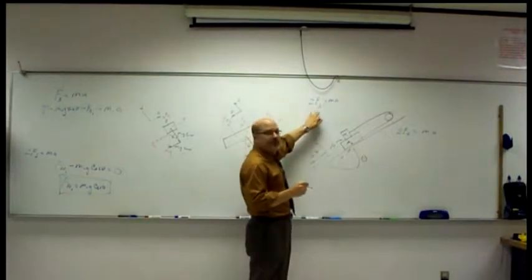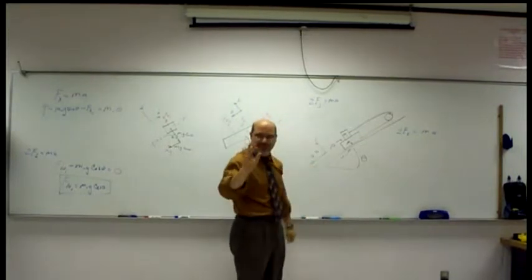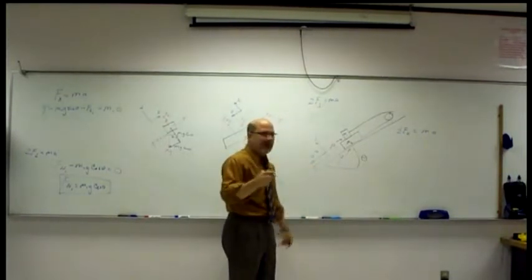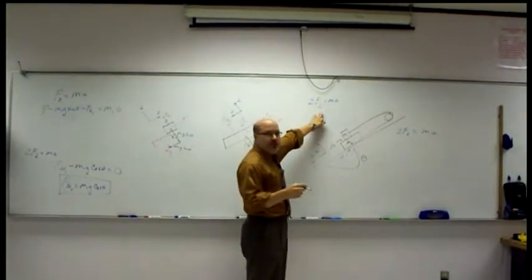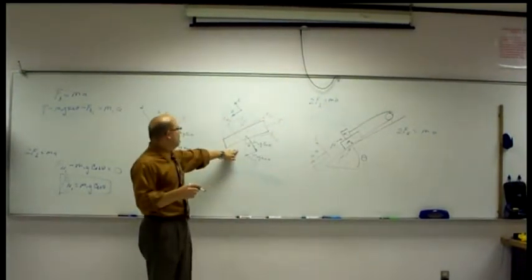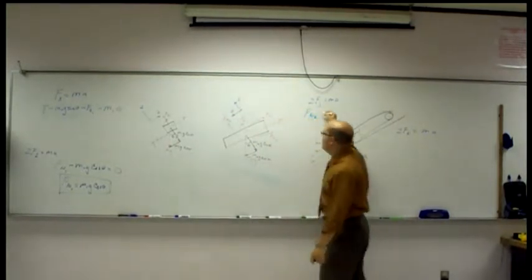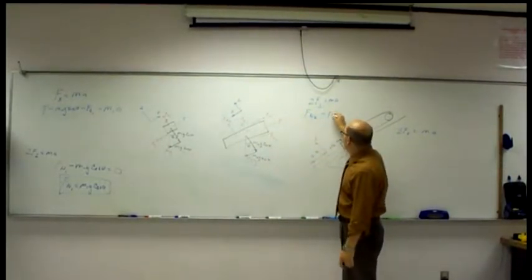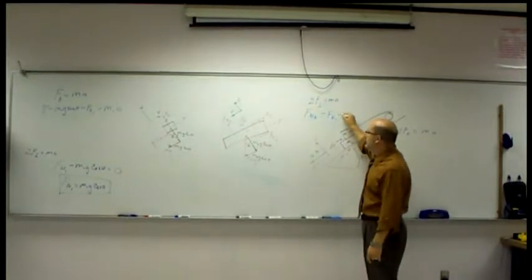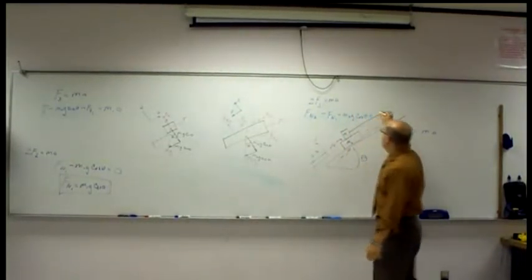Here we go. So this is a piece of cake. It just takes a little effort. It's the first time you've seen it, so it looks weird. Okay, now this one in perpendicular. What do we have? F normal 2 minus F normal 1 minus m2g cosine theta equals 0.